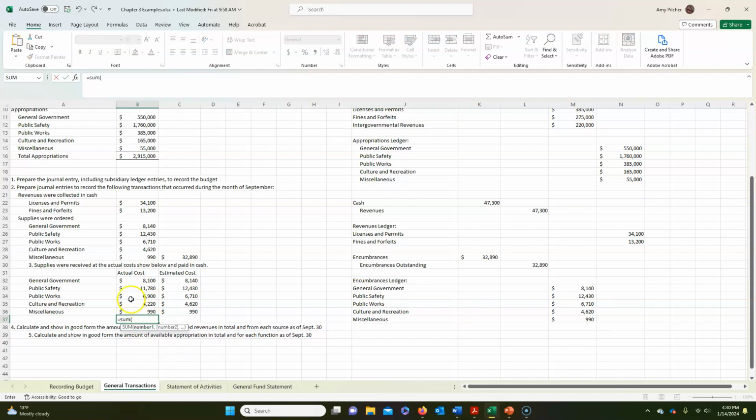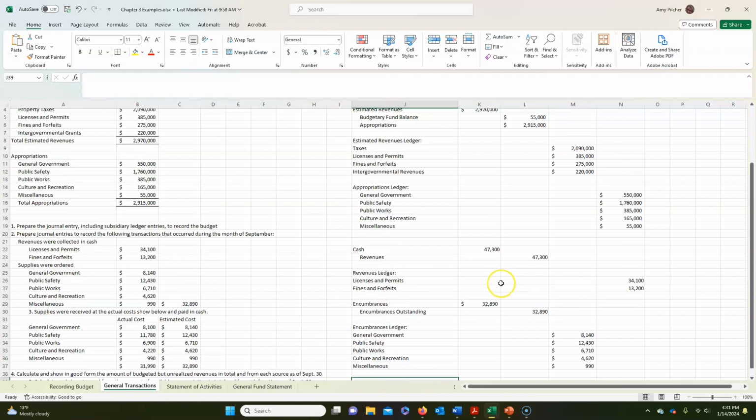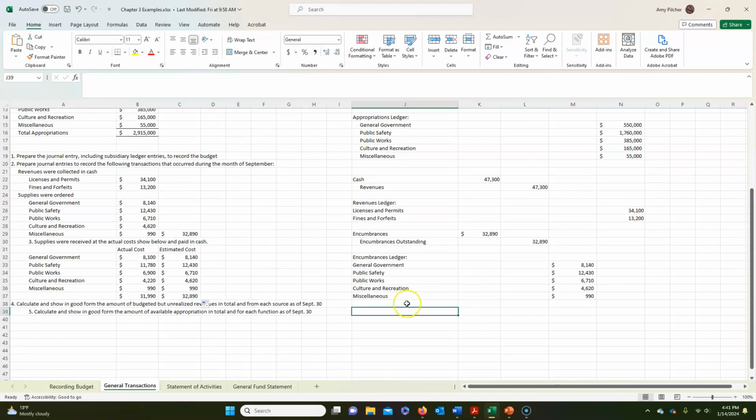Let's total these columns here. So you can see that we encumbered $32,890 and we had an actual spend of $31,990. So we're going to first record in our general ledger, and we're going to undo the first journal entry that we did for the encumbrances and the encumbrances outstanding.